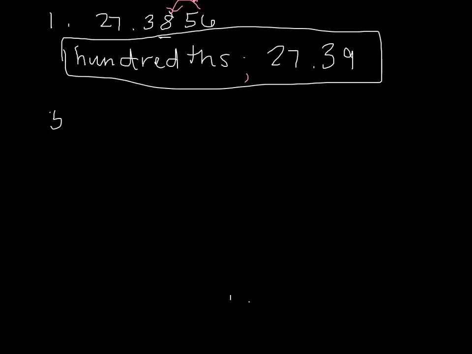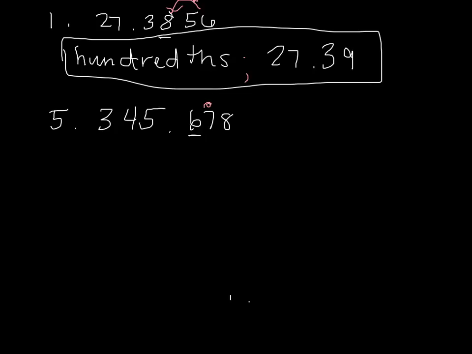So then let's take a peek at number 5. Number 5 says, round to the underlined place value. So in number 5, we don't have to identify it, we just have to round to it. Our first number is 345 and 678 thousandths. And the 6 is underlined. So again, I just look at that number that's right after it, and I see, is that 5 or bigger or 4 or smaller?